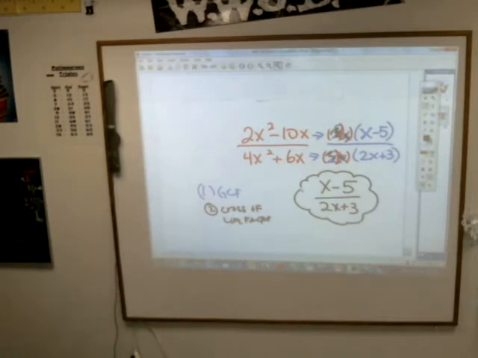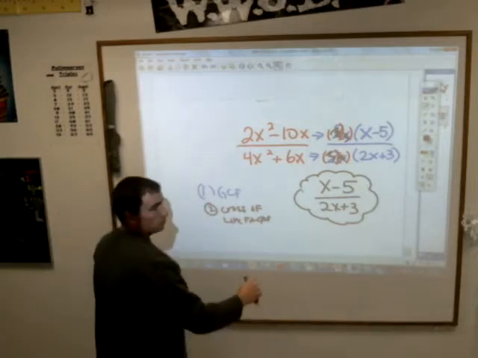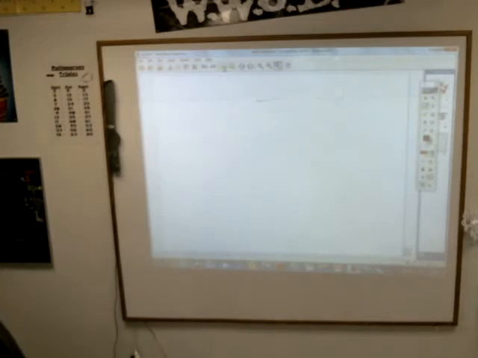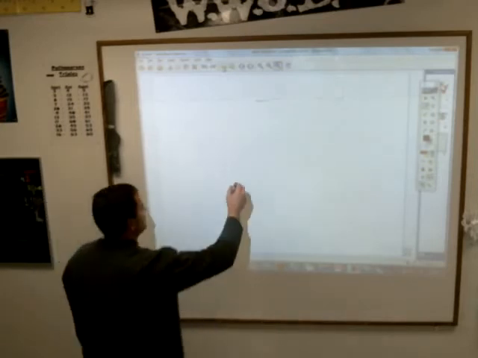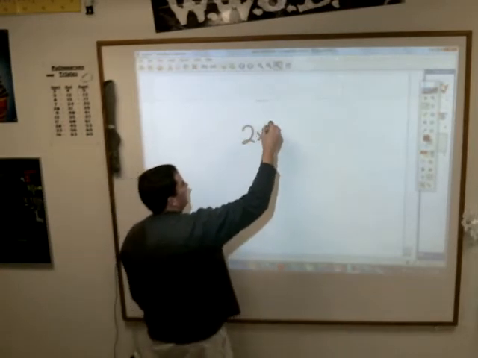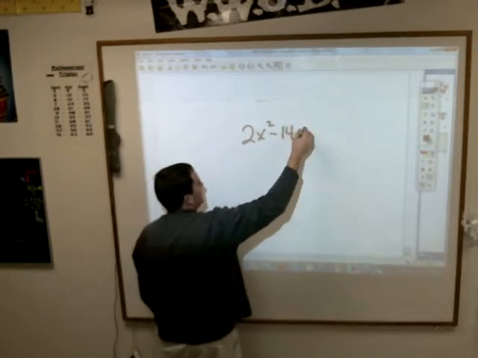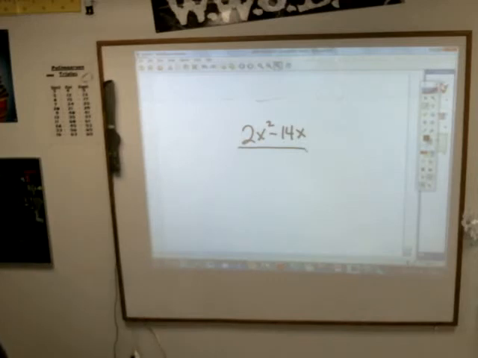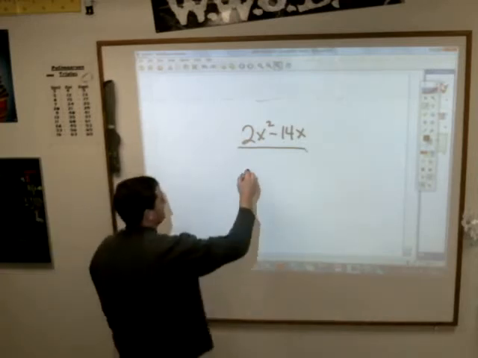How does that seem? Not bad? Is there a question? Try this one. How about this? 2x squared minus 14x over 4x minus 28.